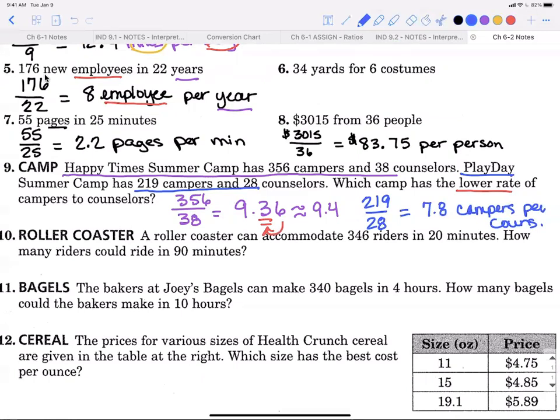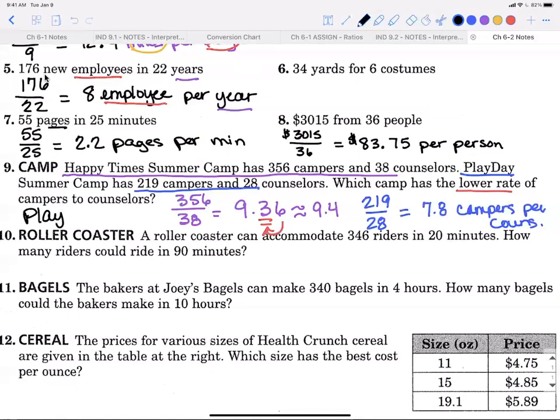Which camp has the lowest rate of campers to counselors ratio? Yeah, the blue one, Playday. So your answer here, all of this work I did, don't circle any of that. You have to show it, but your actual answer is Playday because that's the answer to the question.